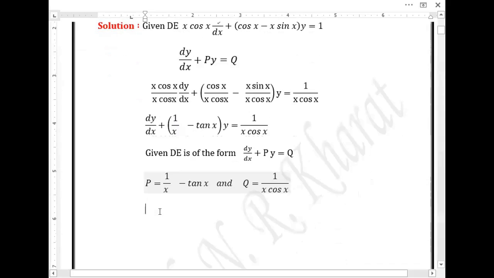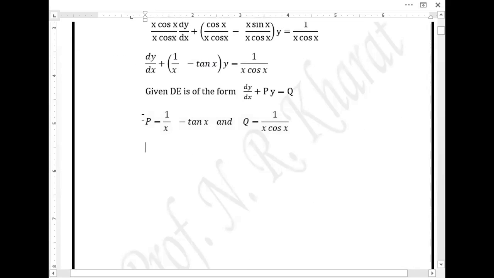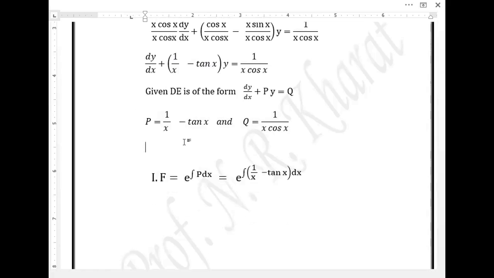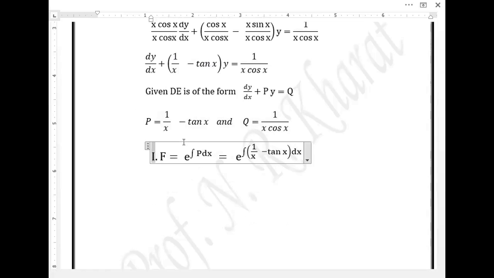Then we have to find the integrating factor. The integrating factor is nothing but we take the integration of p with respect to x, and that integration is the index of the exponential function. So we get the integrating factor in the form of e raised to integration of p with respect to x. Replacing the value of p, which is 1 upon x minus tan x, we know that integration of 1 upon x is log x, and integration of tan x is log of sec x.